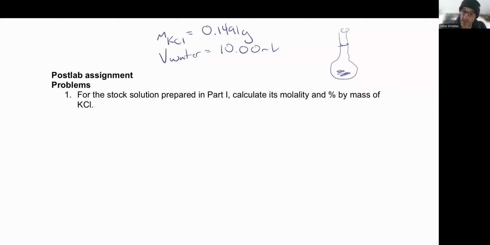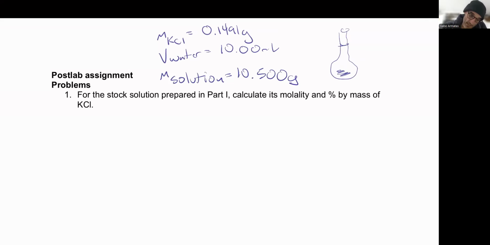The difference between that and the empty flask is the mass of the whole solution. I'm just going to use 10.500 grams for that. It should actually be less than that, but let's pretend the mass of solution after you subtract the empty flask is 10.5 grams. Okay, so that's the information that we have from part one.